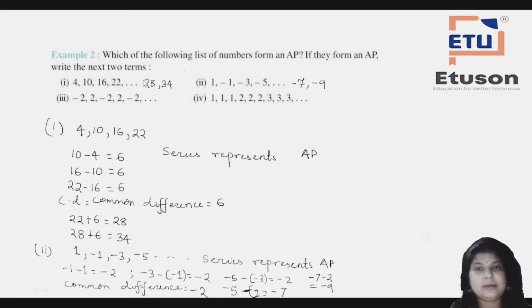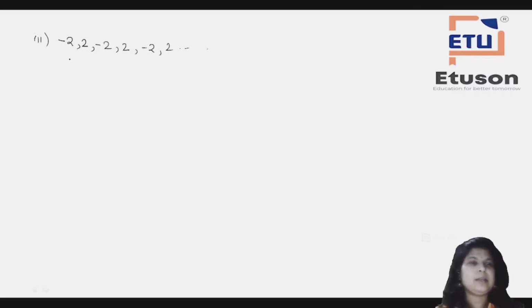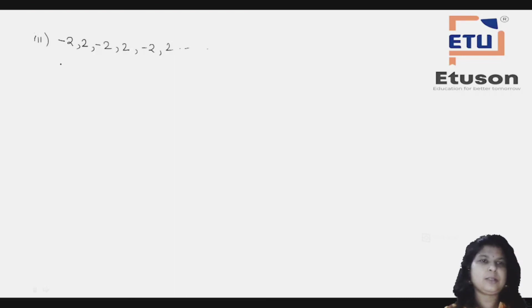Let us check. So you have -2, 2, -2, 2, -2, 2. Now you check. In the first one, the difference is 2 minus -2, that is 4, right? In the second one, it is -2 minus 2.